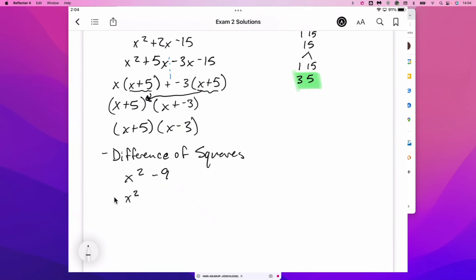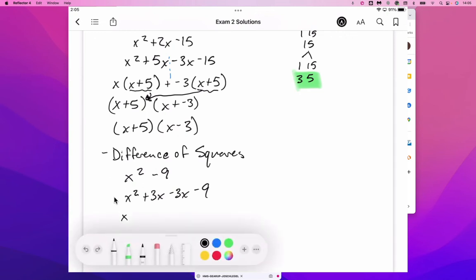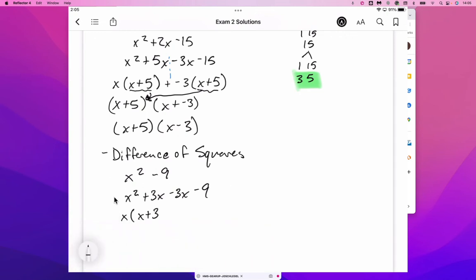So x squared plus 3x minus 3x minus 9. Then we would factor out of the left side an x. And what would be left is x plus 3. Out of the right side, we would factor out a negative 3. What would be left is x plus 3.